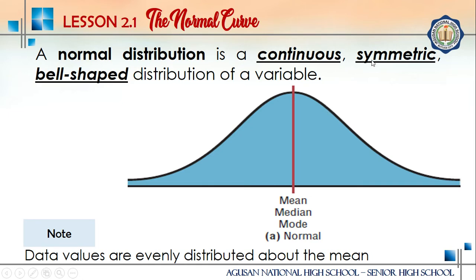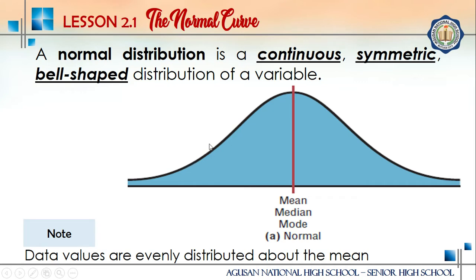And then symmetric. There is a vertical line here that divides the graph into two equal regions. This vertical line that divides the graph is the location of the mean, median, and mode. Therefore, it is said to be symmetrical about the mean.